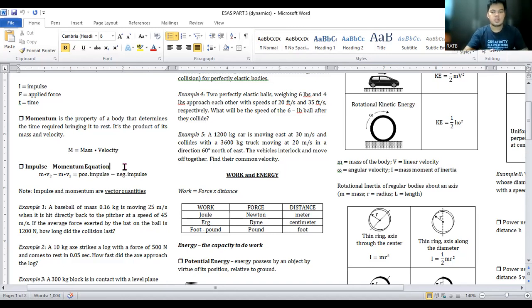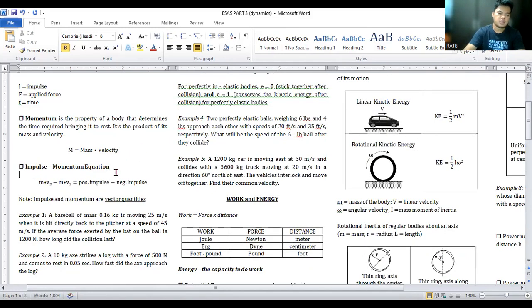The change in momentum is given by the difference between mv2 and mv1, and that is equal to the difference between the positive impulse and the negative impulse.